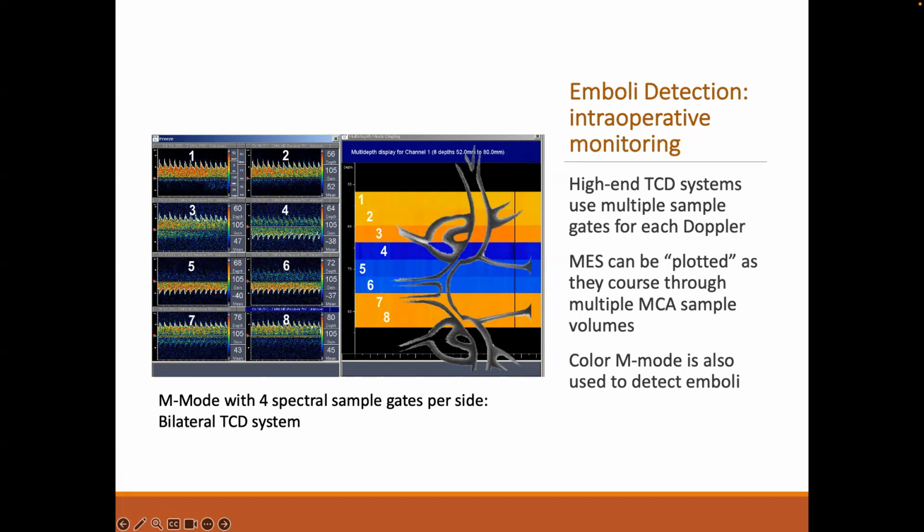An embolic signal is going to be recorded sequentially between the sample volumes as it travels along the MCA, but an artifact is going to show up simultaneously at all the sample volumes at the same time. New transcranial Doppler technology uses color M mode simultaneously with the multi-gated spectral Doppler to help distinguish artifact from emboli.